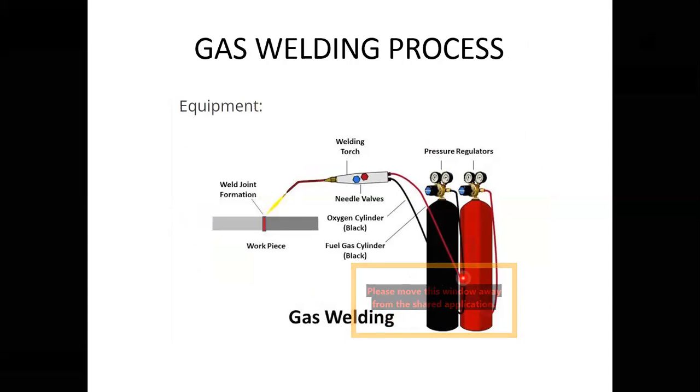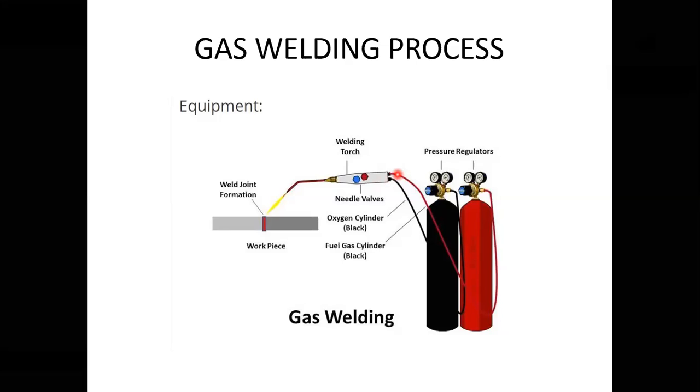So look here. This is the pipe for oxygen, that is the black color, and this is the pipe for the fuel cylinder, that is acetylene. Gases are flowing to the gas welding torch or gas welding gun.